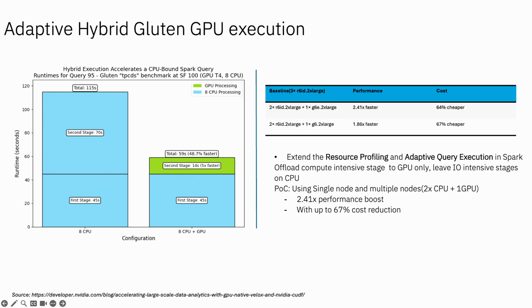It's the second stage from Q95, and it involves very heavy hash aggregation and hash join. We found that if we offload that stage to GPU, we can achieve very good results. So with this POC in 2025, we have more confidence in this approach.